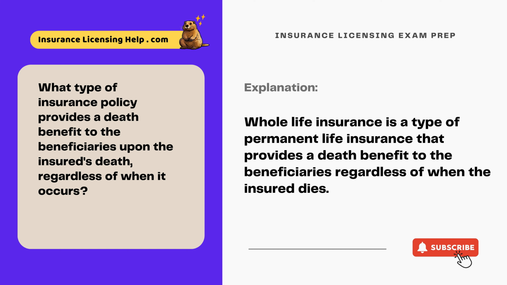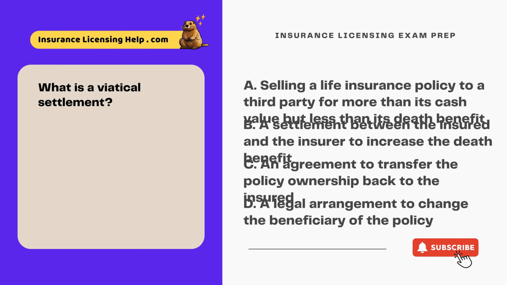What is a viatical settlement? A. Selling a life insurance policy to a third party for more than its cash value, but less than its death benefit. B. A settlement between the insured and the insurer to increase the death benefit. C. An agreement to transfer the policy ownership back to the insured.